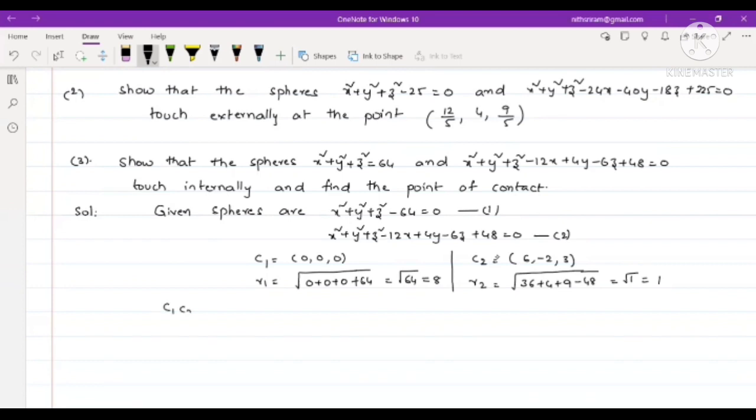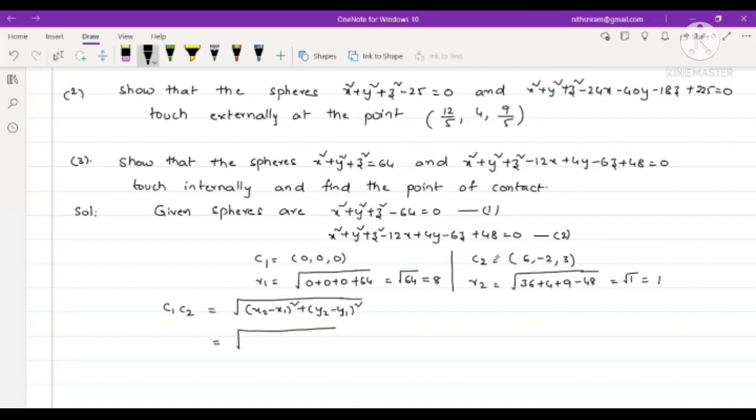After finding C1, C2 and R1, R2, now we have to find the distance between C1 and C2. The distance between two points can be written as square root of x2 minus x1 whole square plus y2 minus y1 whole square plus z2 minus z1 whole square. Treat C1 as x1, y1, z1 and C2 as x2, y2, z2.